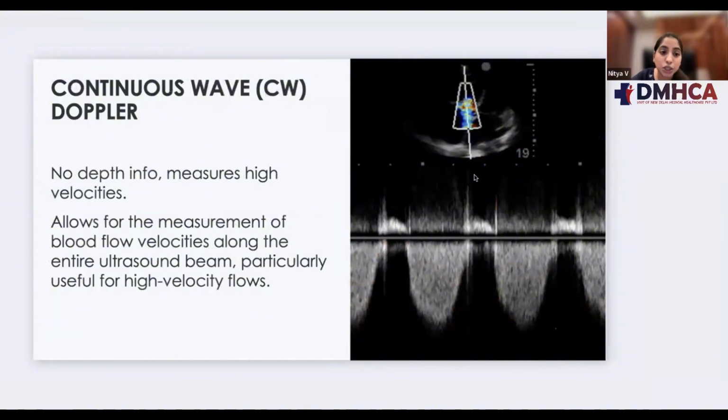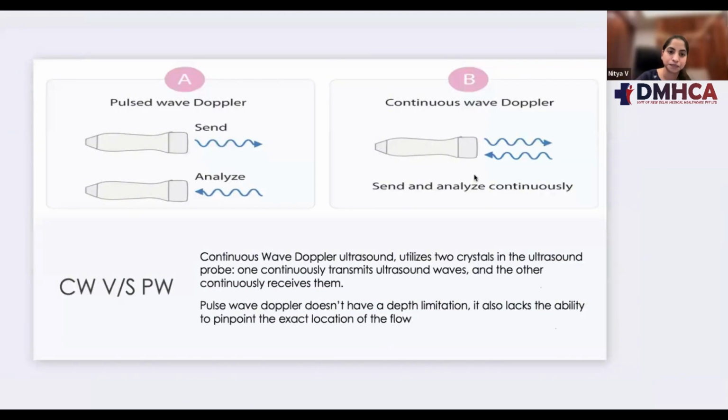Then coming to the continuous wave Doppler, which does not give any depth information, but is used in high velocity flows. For example, it is basically used in cardiac imaging, because it allows the measurement of the blood flow velocity along the entire ultrasound beam, and it is particularly useful for high velocity flows.